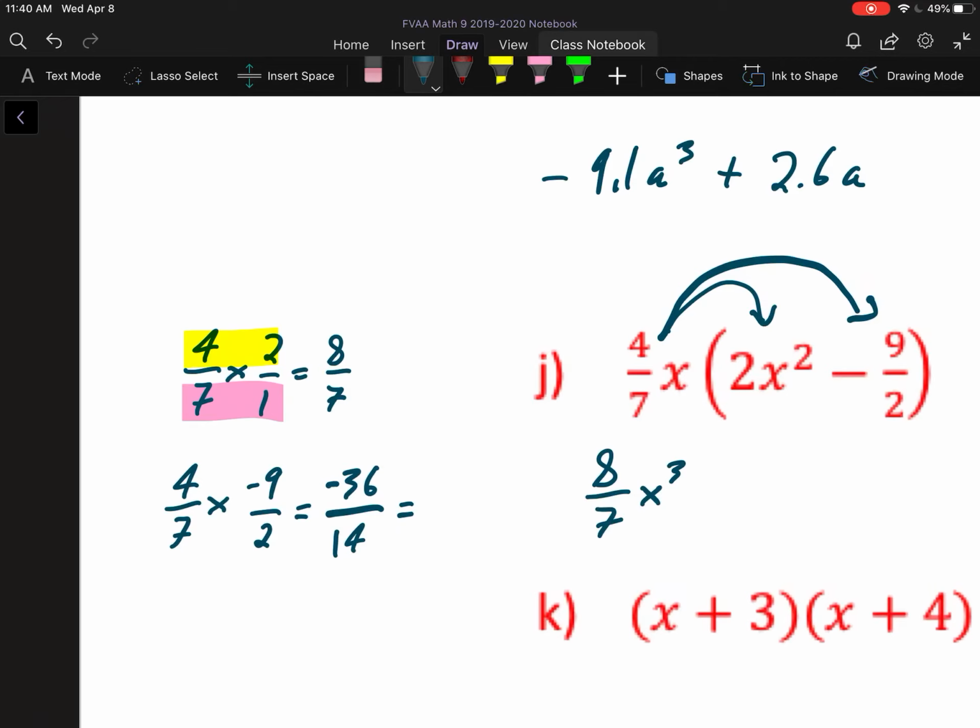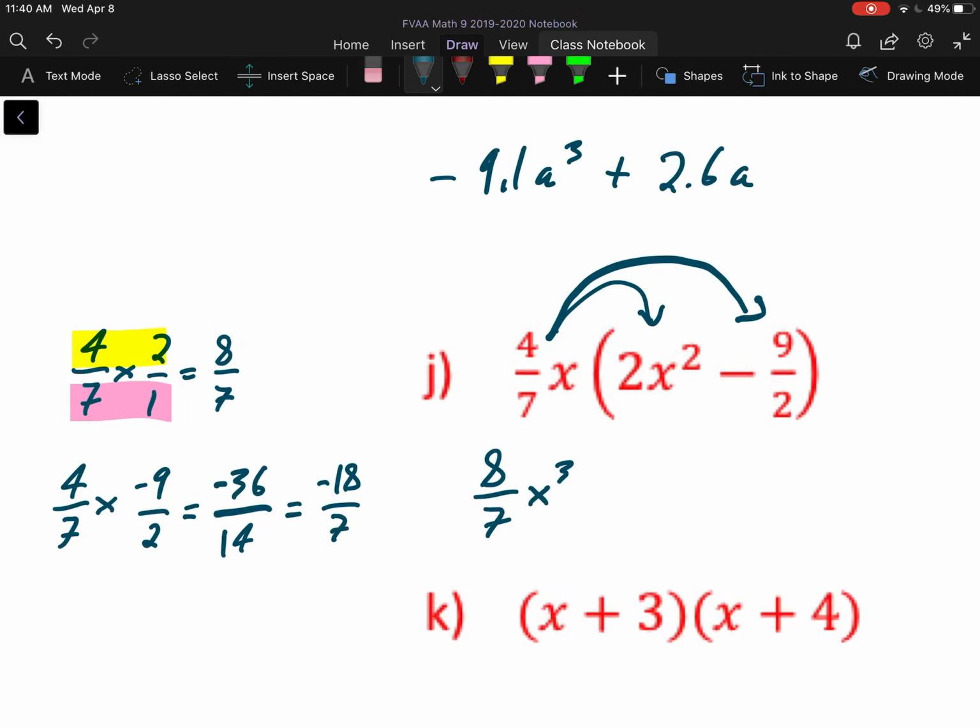I can divide both the top and the bottom by 2 here, and this would give me negative 18 over 7. All right, and that's as low as I can put it. I can leave it as an improper fraction here. So this is minus 18 over 7, and then that x from the 4 over 7x goes behind that second term.